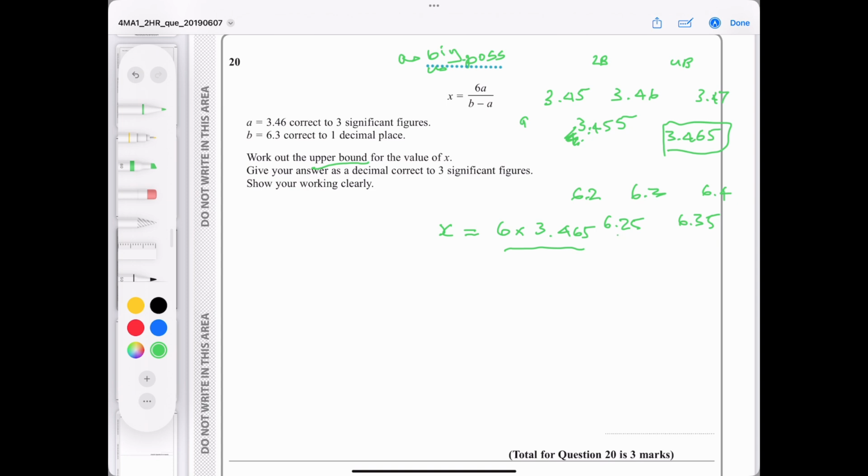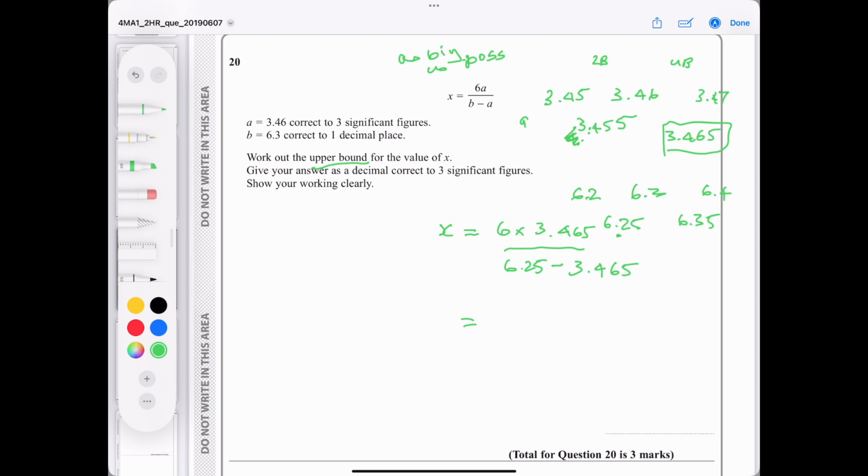And then we want the bottom to be as small as possible, because if we divide by the smallest number possible, that's good. So we'll start off with the smallest number, 6.25, minus the biggest number, which is 3.465, and that will give us the answer we need. So we'll set this up.